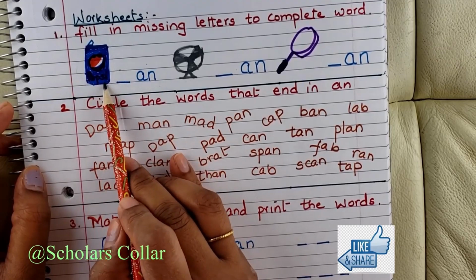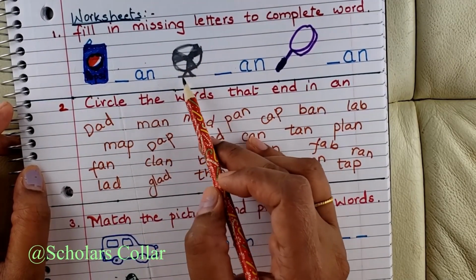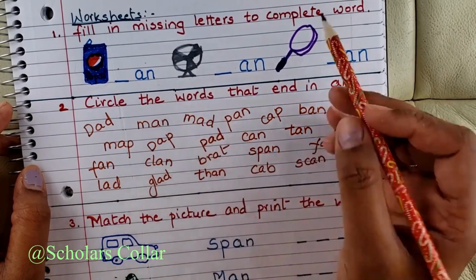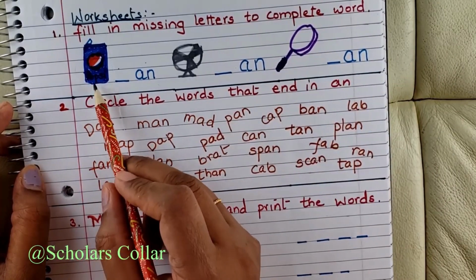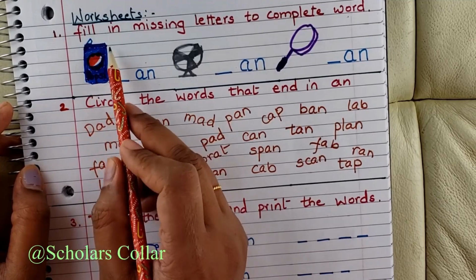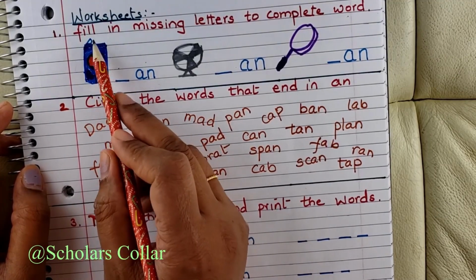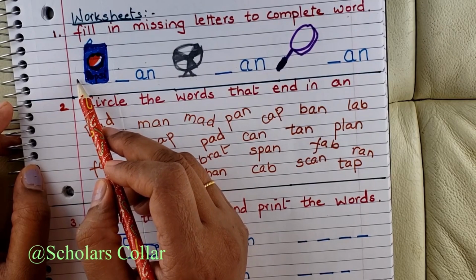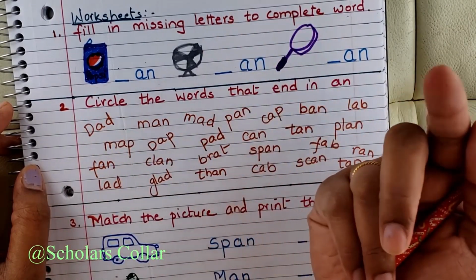Here is a can. Here is a fan, like a table fan. And this is the pan. All you have to do is fill in missing letters to complete the word. So you're filling in the sound of the first letter. So this is a can. So this is k, an, can.